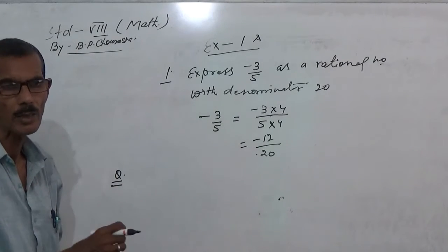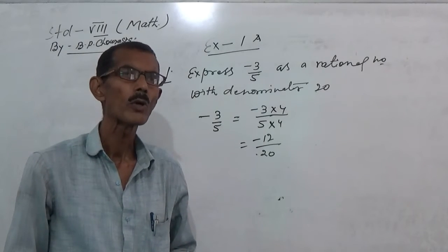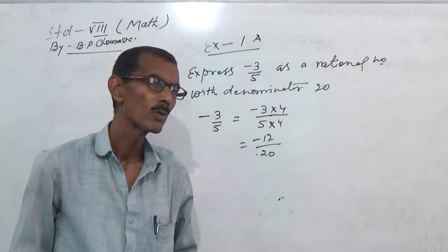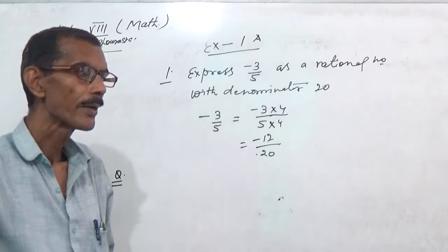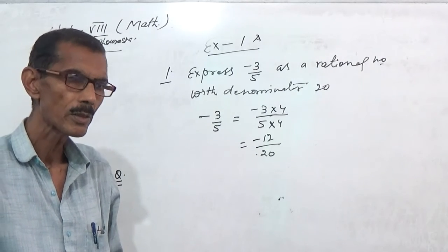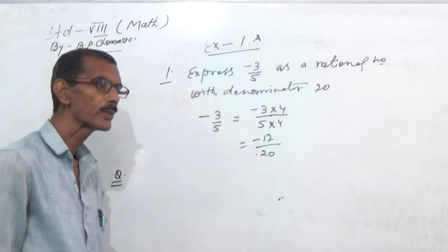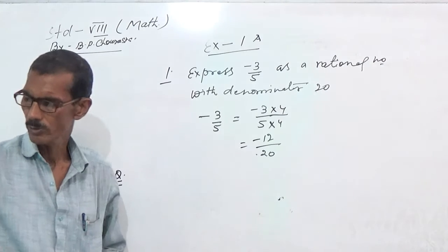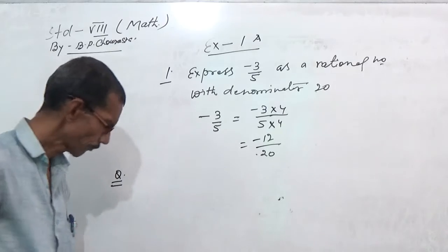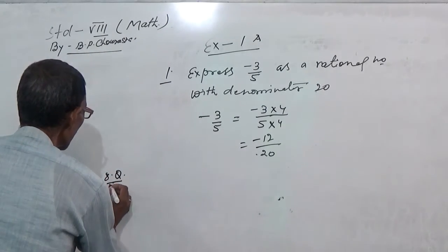When some rational numbers are given which are not in proper order, you have to rearrange them either in ascending order or in descending order. How can you solve this type of problem? Suppose question number 8 is like this.